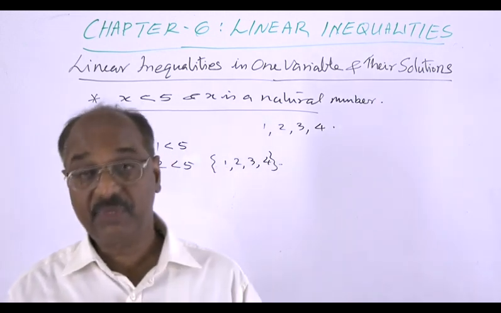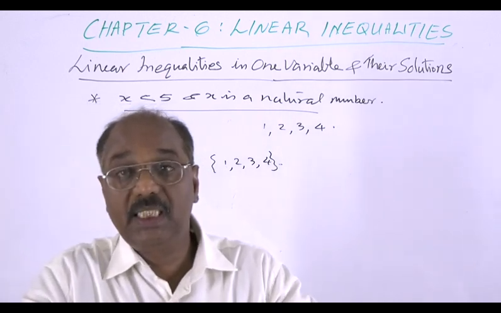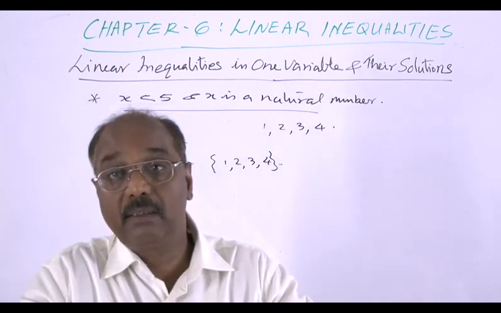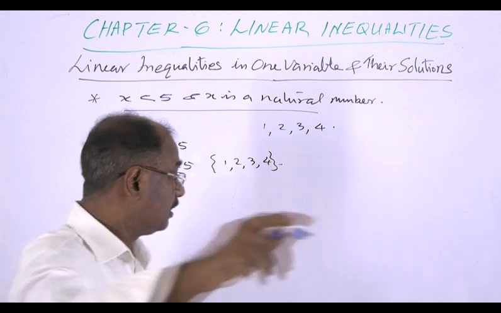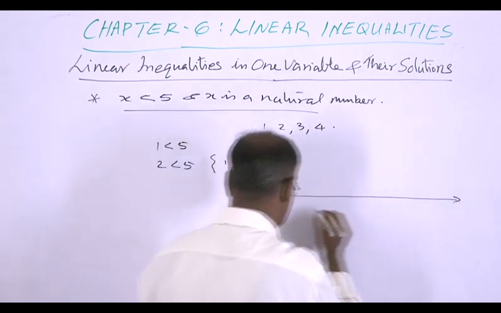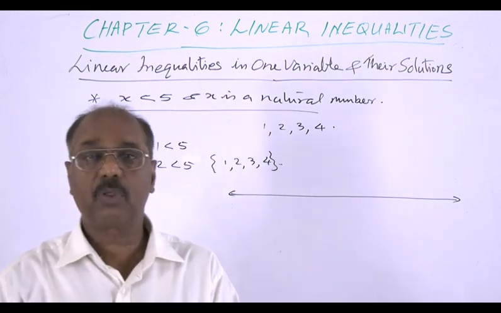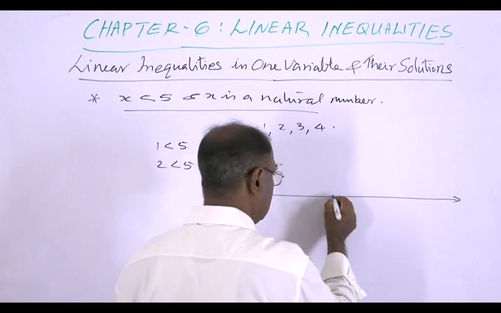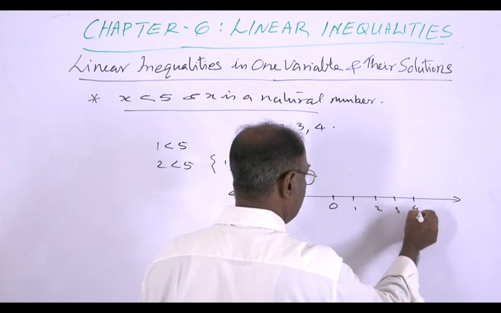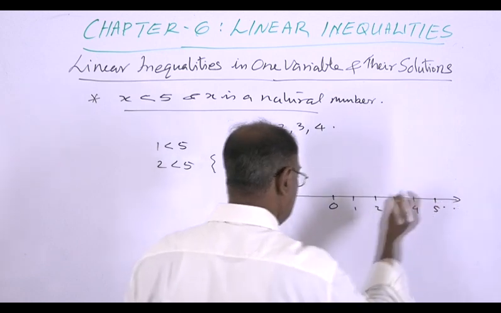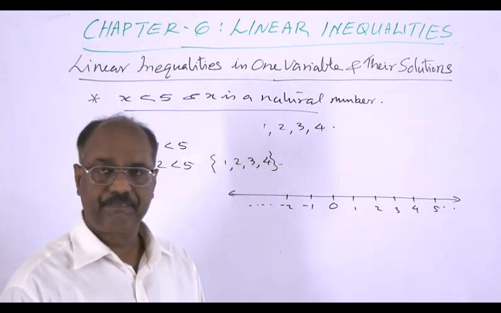We can represent this graphically. Graphically representing means plotting these points on the real number line. First draw the number line and mark certain points: 0, 1, 2, 3, 4, 5, and so on, and minus 1, minus 2, etc. to the left.